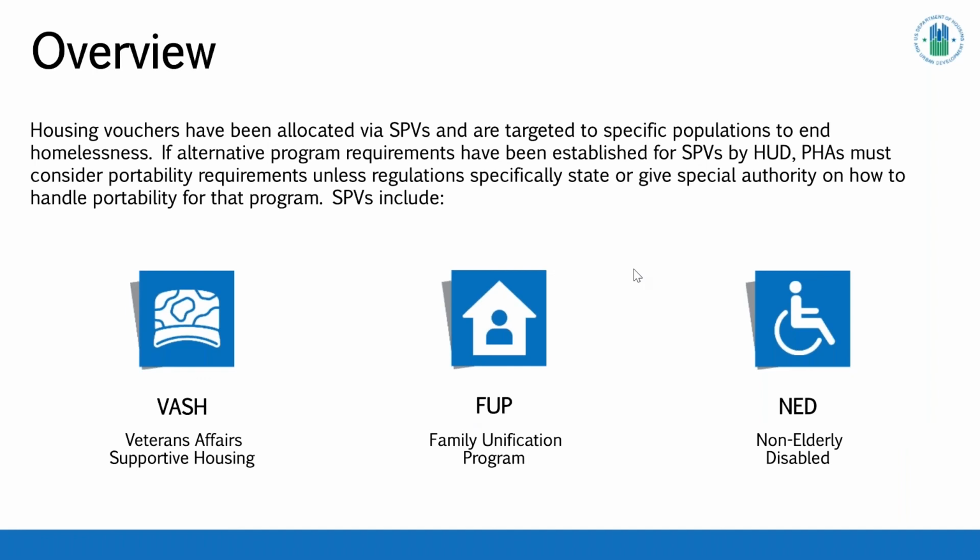There are a little bit of nuances that are specific to the program, such as the family following the FUP program guidelines or the non-elderly disabled guidelines, but those voucher holders are absolutely able to port.